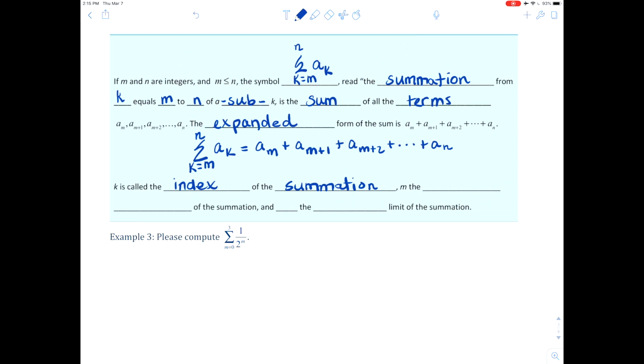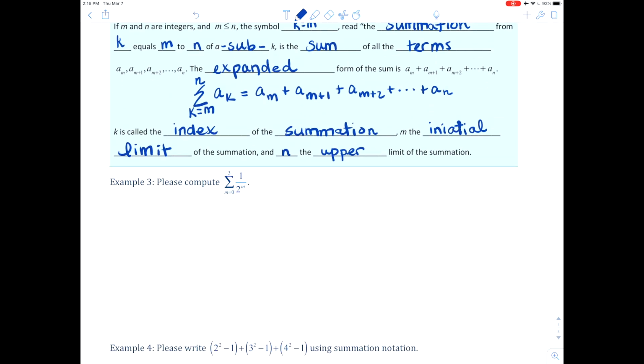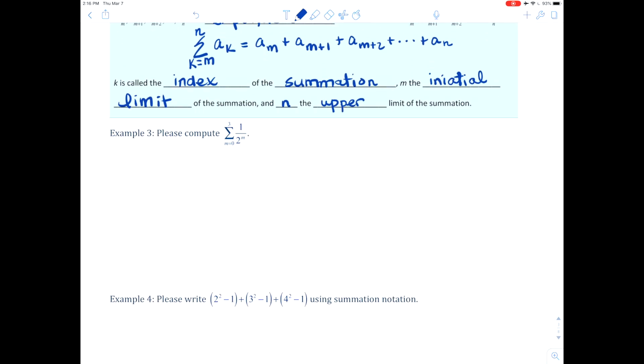And m is the initial limit of the summation, and n is the upper limit. Now, if you have an infinite sum, you have no upper limit of the summation.